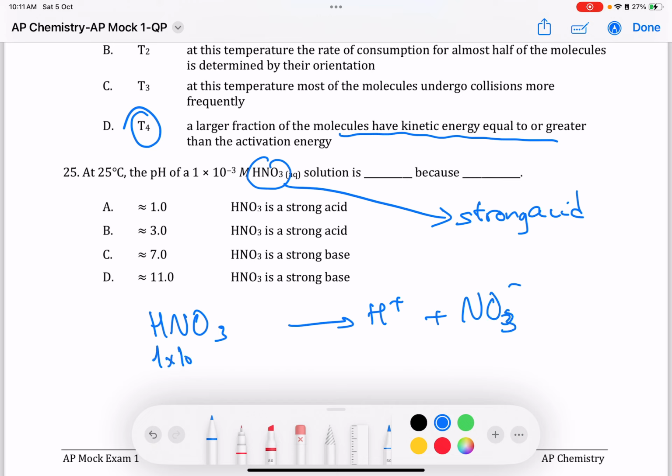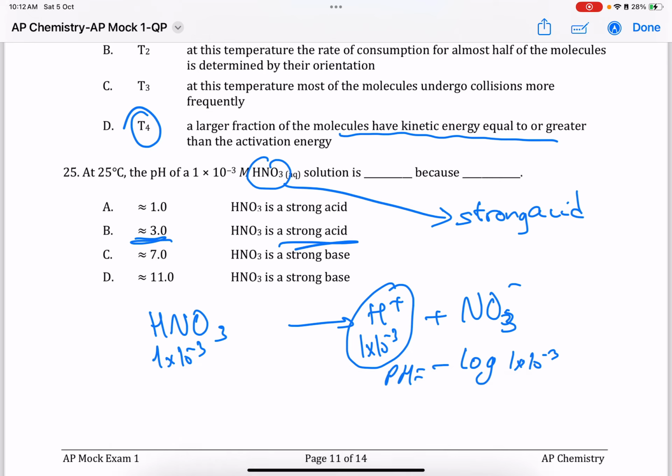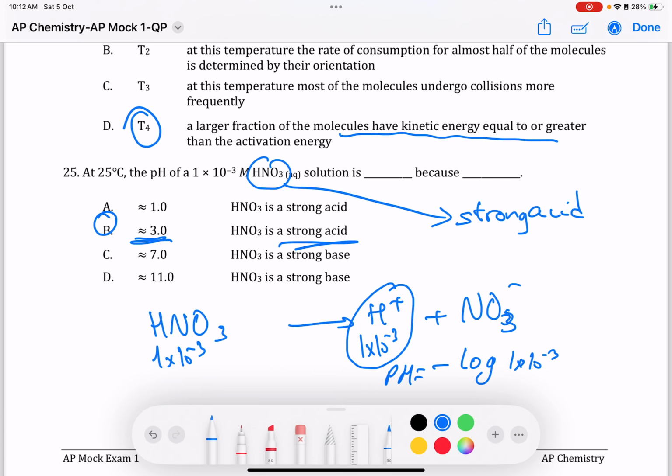So whatever concentration that we have, it's going to be fully turned into the H plus concentration. So doing minus log, pH is minus log of H3O plus or H plus. The answer is approximately 3 because this is a strong acid. So that's the correct choice.